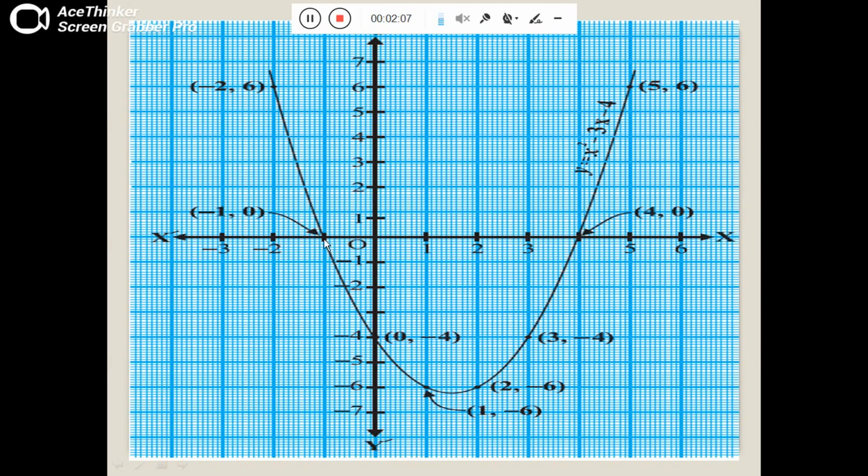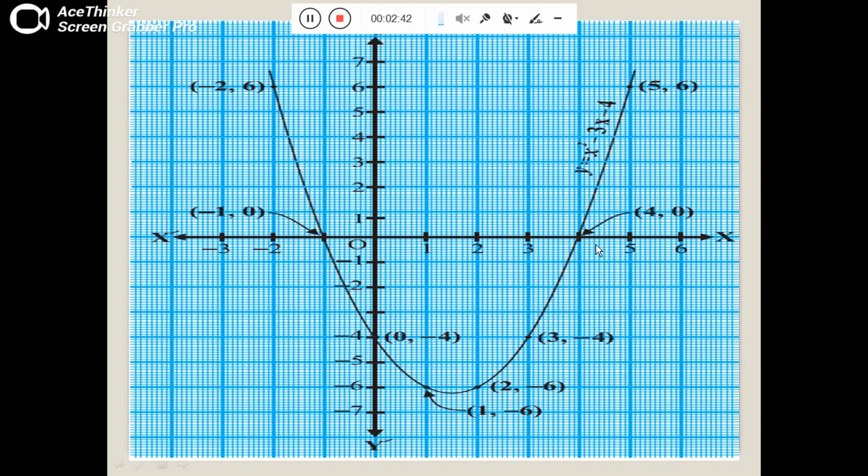Just see, it is the graph of a quadratic polynomial of the form ax square plus bx plus c, where the equation is y equals x square minus 3x minus 4. When you draw it freehand, you will get the shape of a parabola.